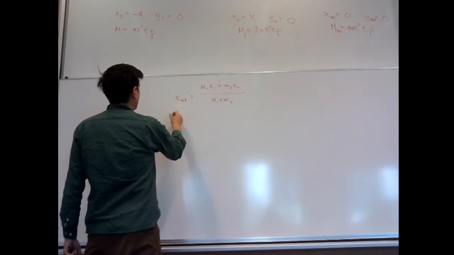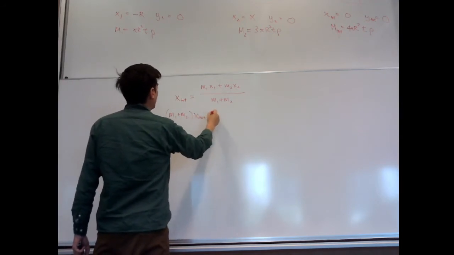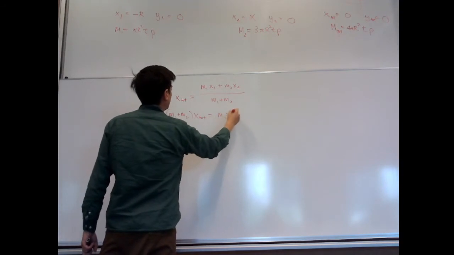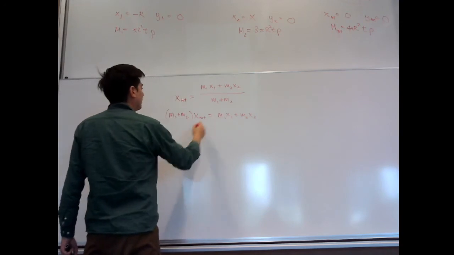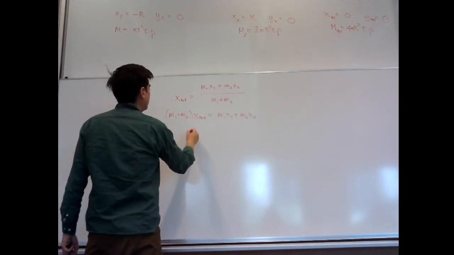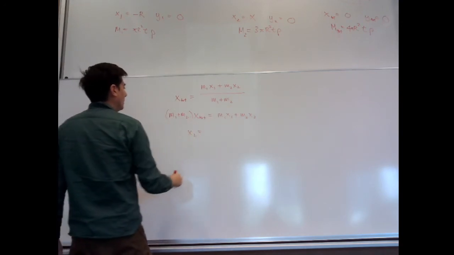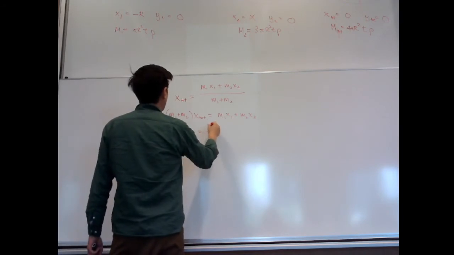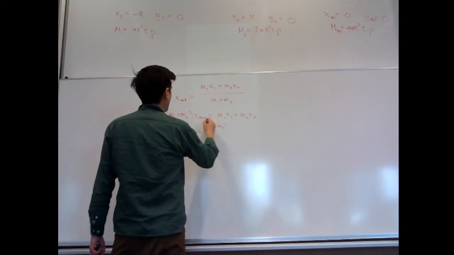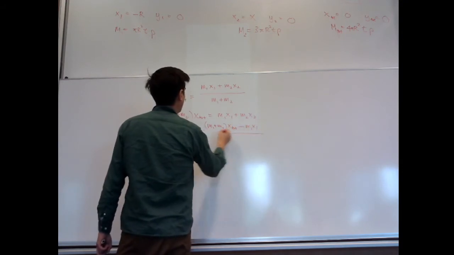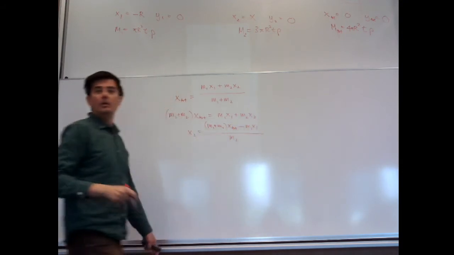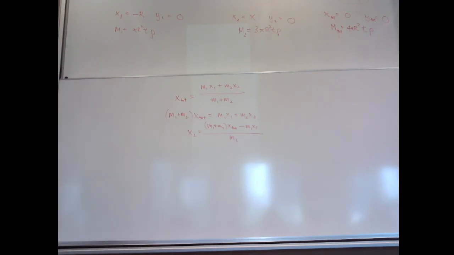So we've got m1 plus m2 times the total one. Then we want to find what x2 is, so we do m1 plus m2 times total minus m1 x1 divided by m2. And then that will give us what x2 is.